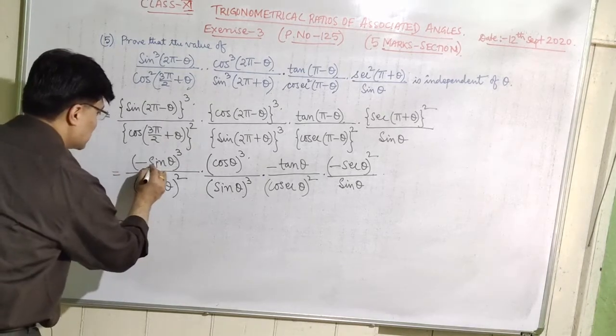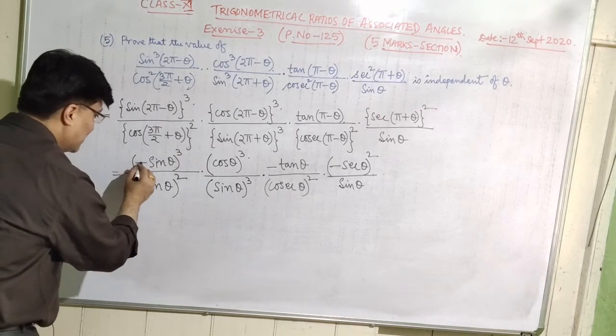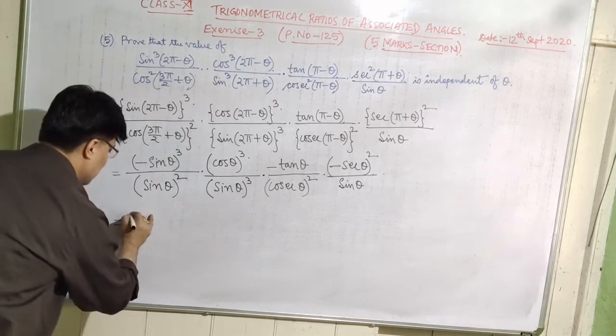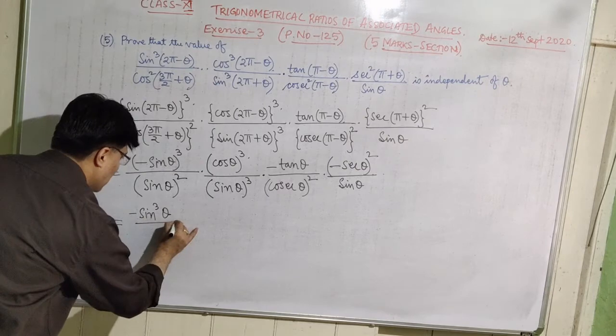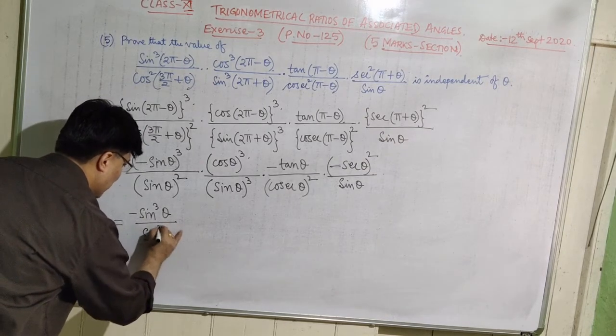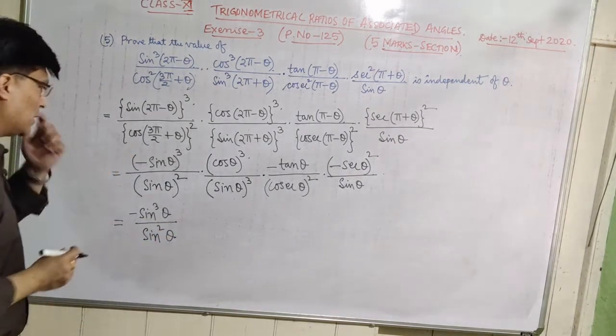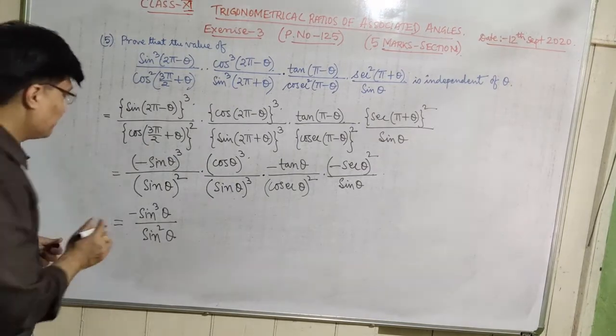What is minus sine theta whole cube? Now minus is multiplied thrice, so it is negative: minus sine cube theta, divided by sine theta whole square, which is sine square theta. Is that clear?